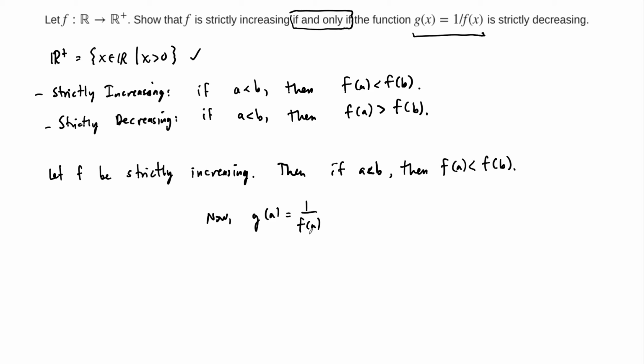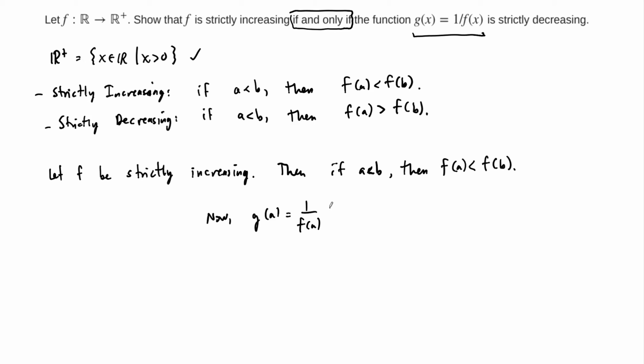So g of a is equal to 1 over f of a, but f of a is less than f of b. Now, because we have taken the reciprocal here in a fraction, as the denominator gets larger, the entire fraction actually gets smaller.